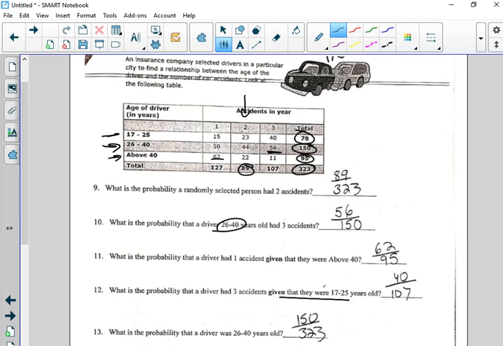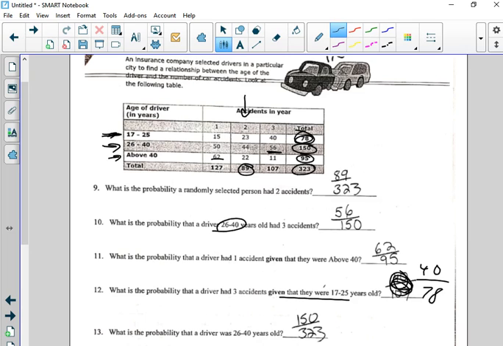Yeah, that should be 78. Oh, that's backwards. This says given 17 to 25. That means that's my denominator. 3 accidents is 40. That previous answer would have been given 3 accidents and their age was 17 to 25. So that was the backwards one.